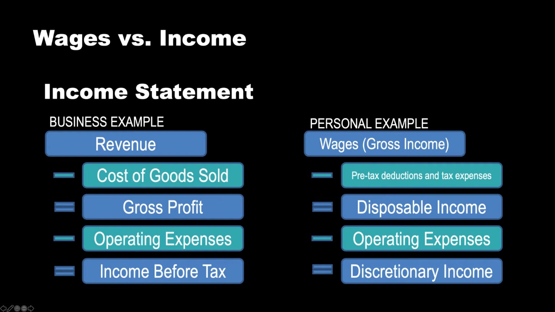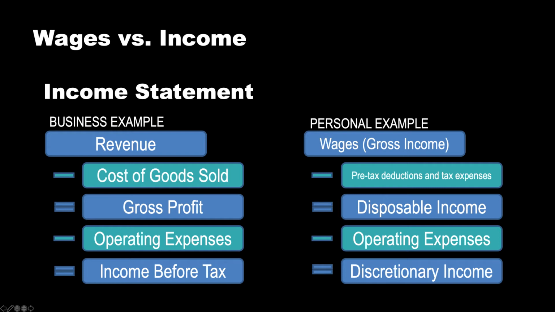In a business, operating expenses are wages, your utilities, your rent, all those things for your building, and that yields income before tax, or we learned about EBITDA, right? Earnings before interest, taxes, depreciation, and amortization.